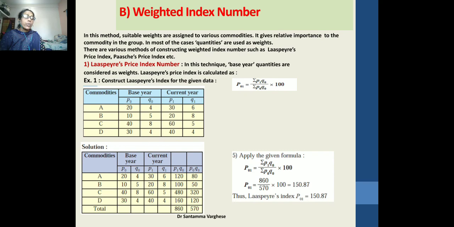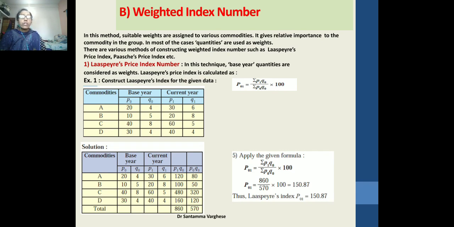The summation is 860. Now we have to calculate P0Q0. It is very simple, P0 and Q0, the first two columns: 20 into 4 is 80, 10 into 5 is 50, 40 into 8 is 320, 30 into 4 is 120. So you get 570.